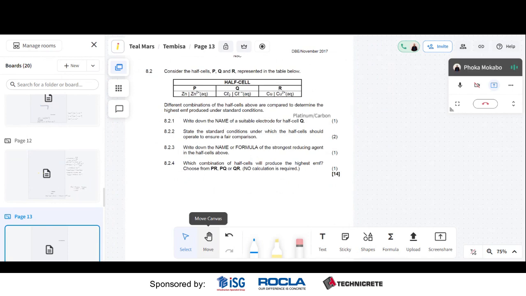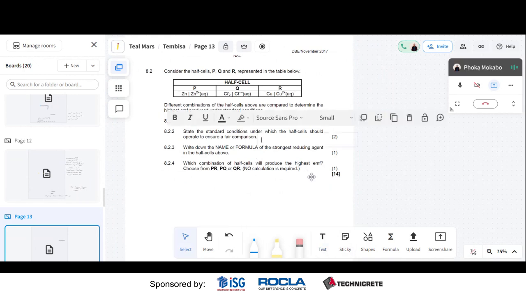Okay. Now, state the standard conditions under which the half cells should operate to ensure a fair comparison. Okay, this is now just theory work that you would have studied before the paper. Standard concentration of 1 molar, 1 molar representing moles per decimeter cubed.